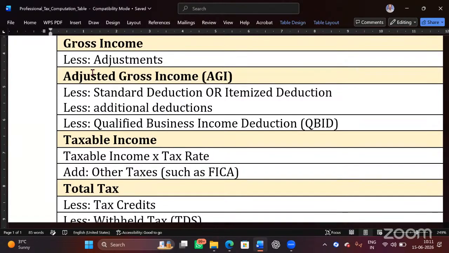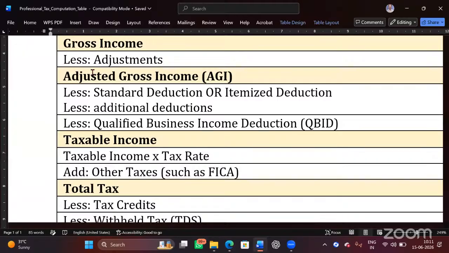Those individuals who have a specified type of business, if certain conditions are satisfied, are allowed to deduct the qualified business income deduction. Because of this deduction also, the taxpayer benefits as the tax burden is automatically reduced.